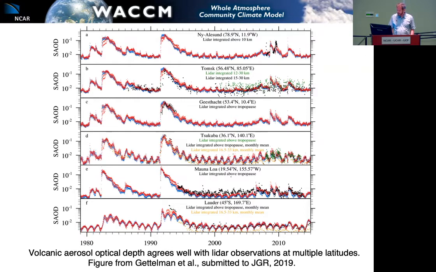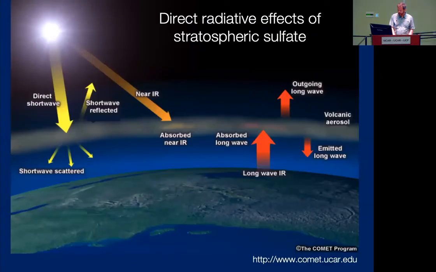And then more recently, since the year 2005, we have these small and moderate eruptions. WACCM is shown in red and blue in different configurations, and then we see LiDAR in the other colors, black and green and yellow, and generally doing a pretty good job of comparing to the observations and the variation due to volcanic eruptions.